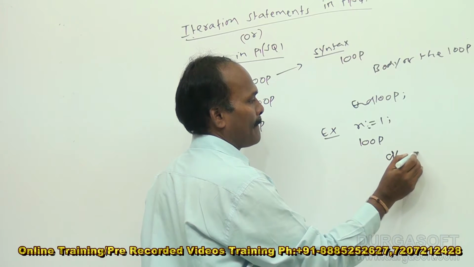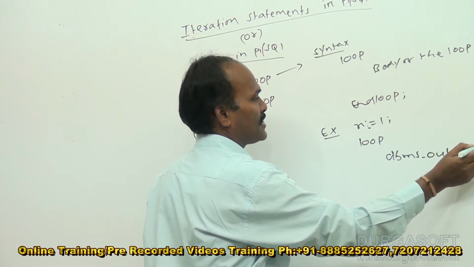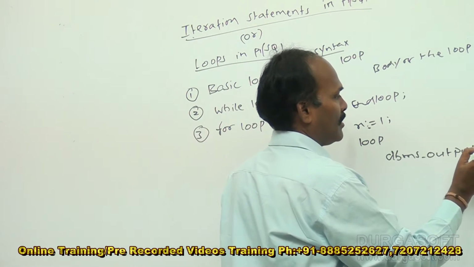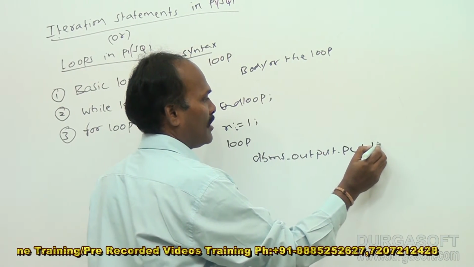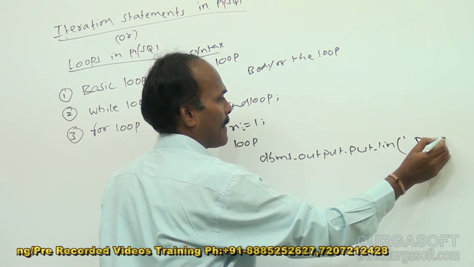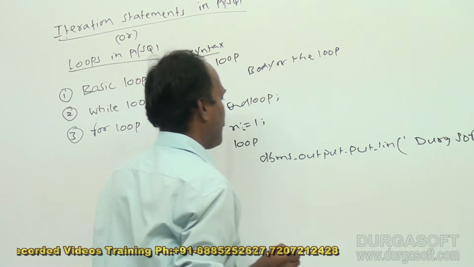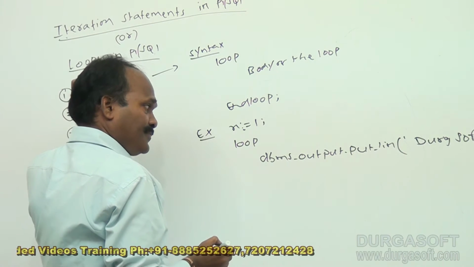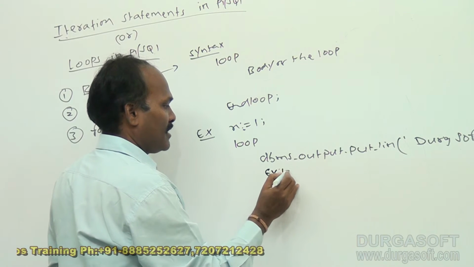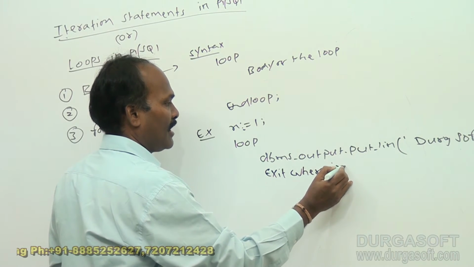Within the loop, I write DBMS_OUTPUT.PUT_LINE('DURGASOFT'). Now I will make a condition like this: exit when n is greater than 10.